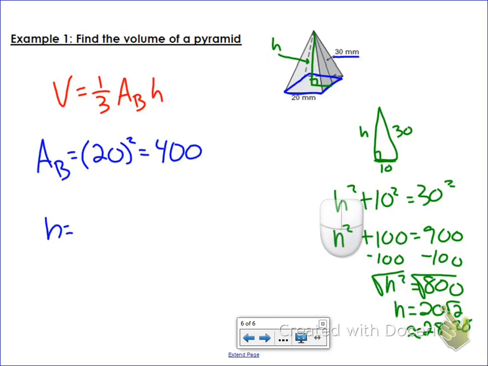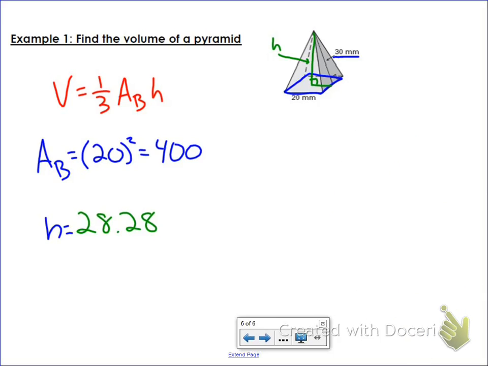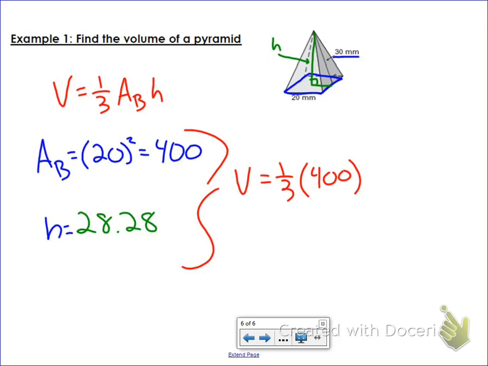Let's go ahead and find the approximate volume. So I'm going to use 28.28 to find the volume of this pyramid. We're going to plug this into our formula. My formula is volume equals 1/3 times the area of the base. I know the area of the base is 400 times the height, which is 28.28.